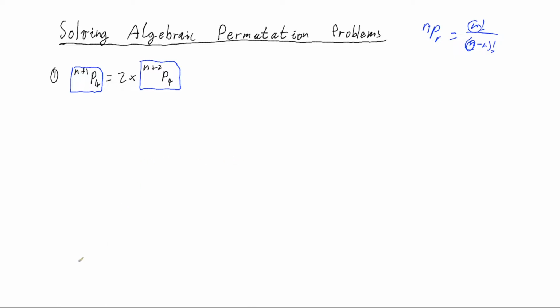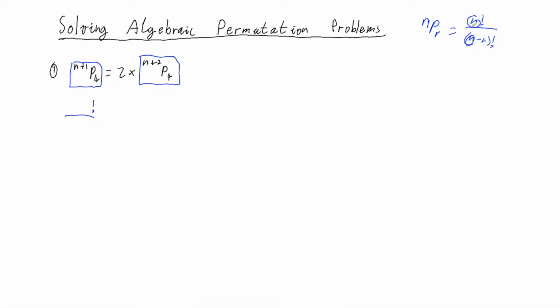On the left-hand side, I've got n plus 1 P 4, so I'm going to have something factorial, and that something, because it was n, is going to be n plus 1 factorial.